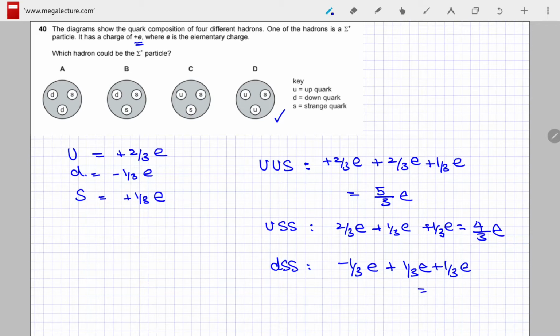So this gives me 1 by 3 e. How about D and S? So this gives me minus 1 by 3 e minus 1 by 3 e plus 1 by 3 e.